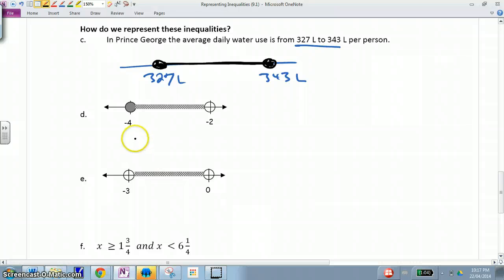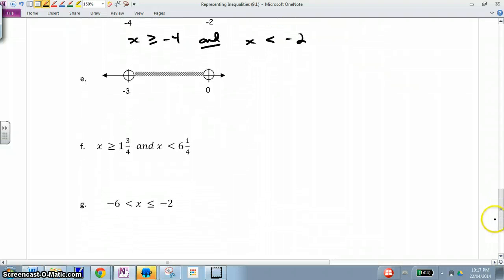We can of course do the same with x. This x we're saying is greater than or equal to -4, and we're saying that x is less than -2. So this graph is showing us two things. I'm going to skip E for a moment. F, we're going to draw like this. We'll start at maybe 1.